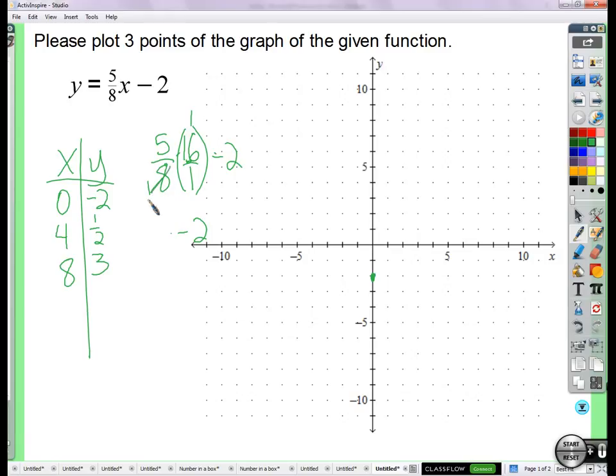That very number is the common factor between 8 and 16. That's nice because when you divide this by 8, you get 1. So the denominator is now 1 straight across. When we divide 16 by 8, we're left with 2. Not 1 this time, but 2. 5 times 2 is 10. 10 minus 2, 8. So we plug in 16, and we get 8.